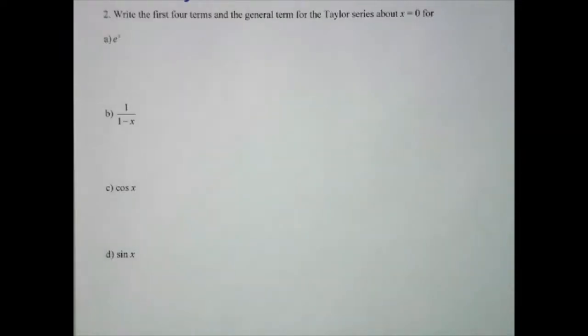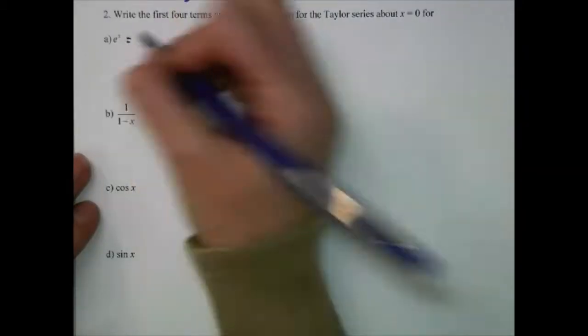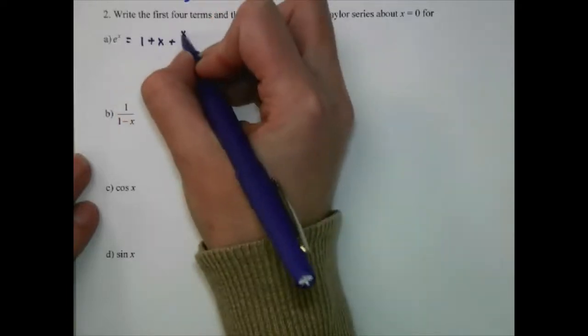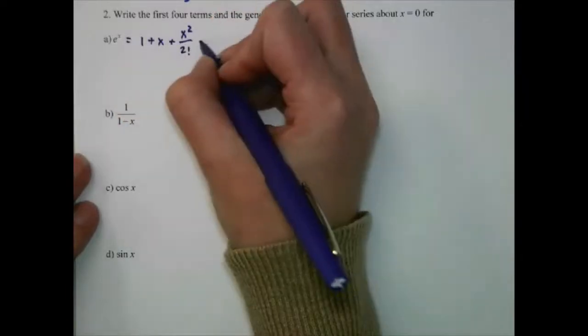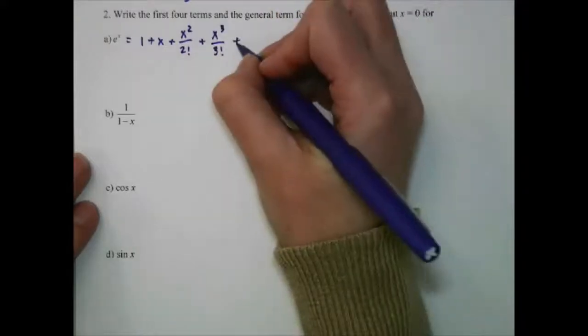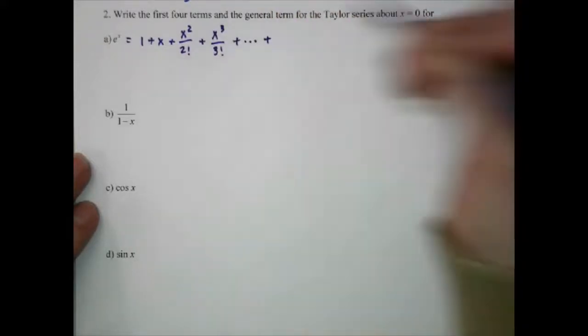All right, these are the big four for our Taylor series. e to the x is all of them. So this is 1 plus x plus x squared over 2 factorial plus x cubed over 3 factorial. That's 4 terms, plus dot dot dot.